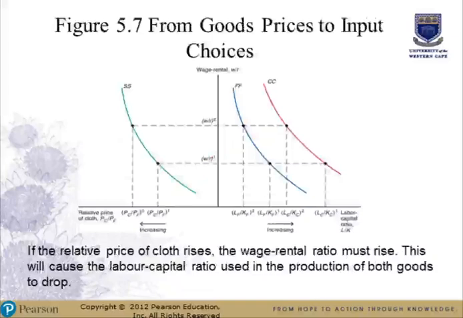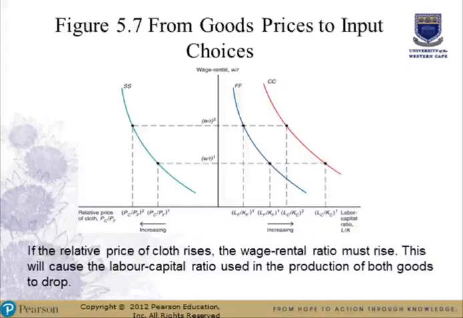Figure 5.7 reflects the linkages between prices of goods and the ratio of labor to capital used in the production of each good. Note that figure 5.7 is a combination of figure 5.5 and figure 5.6, with figure 5.5 turned counterclockwise.